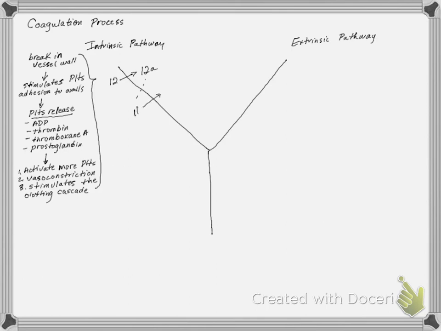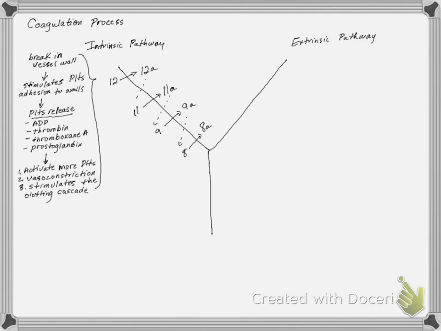So factor 11 now becomes activated, and activated 11 then activates factor 9. So 9 becomes activated, and then 9 activates 8, and 8 becomes activated. Okay? So it is a chain reaction. 12 gets activated, which then activates 11, which then activates 9, which then activates 8.